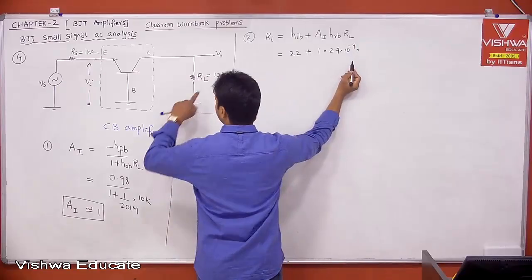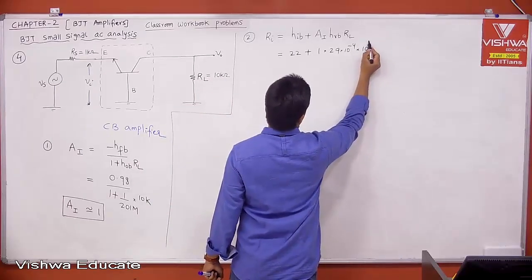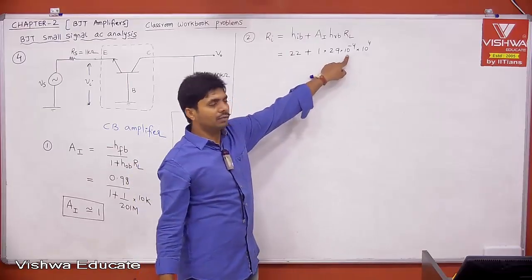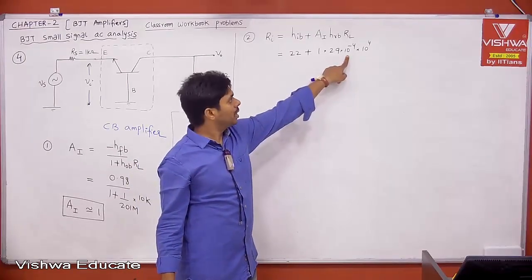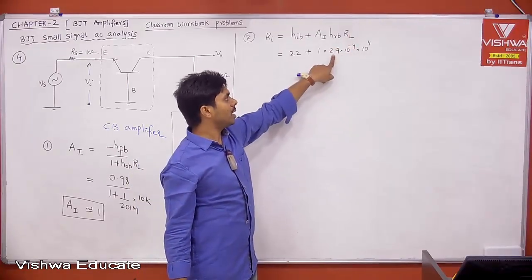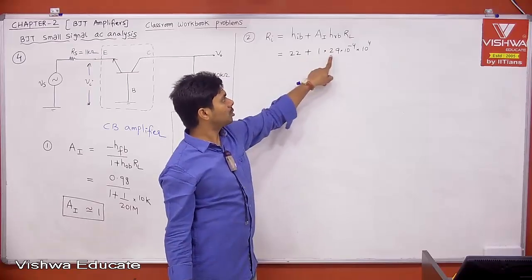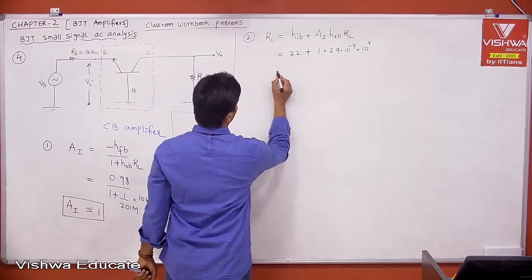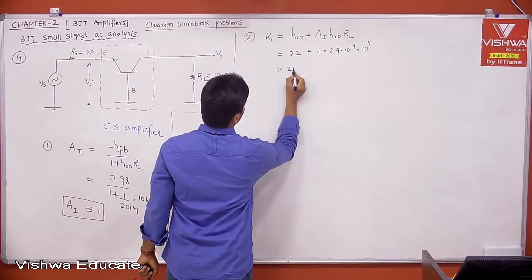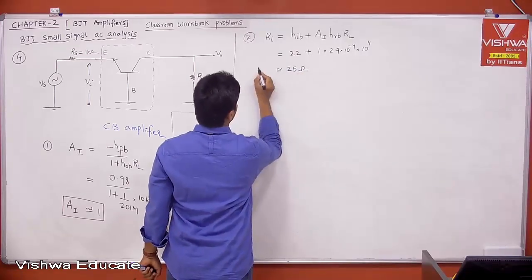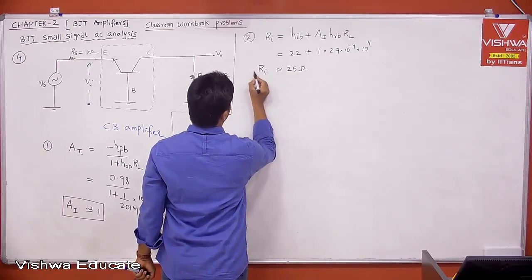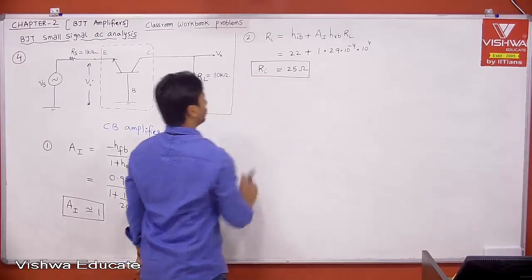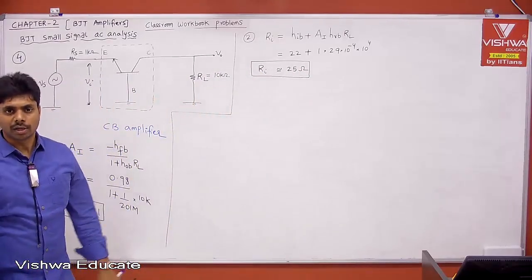And then RL is 10K, which is 10 to the power of 4. 10 to the power of 4 into 10 to the power of minus 4 is 10 to the power of 0, which is 1. 1 into 2.9, 2.9. 22 plus 2.9 is 24.9, approximately equal to 25. Let me take this as 25. Therefore, this is your input impedance.